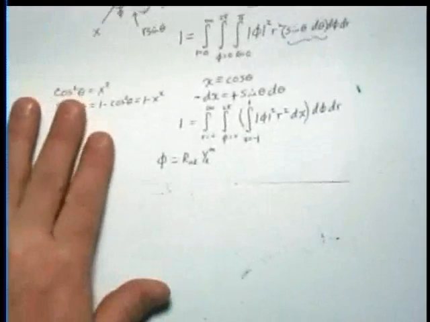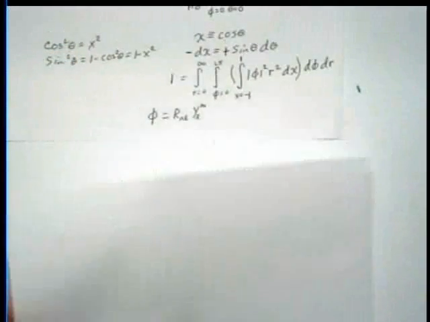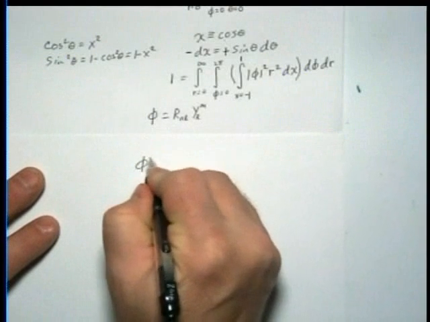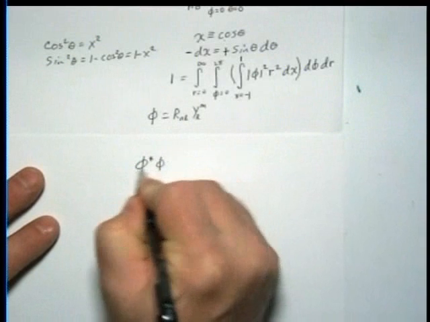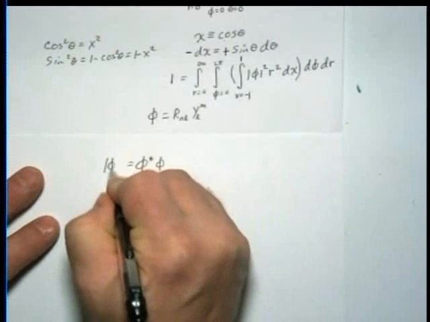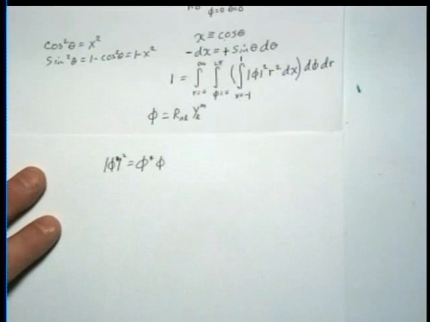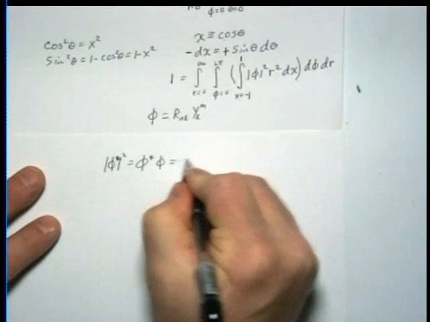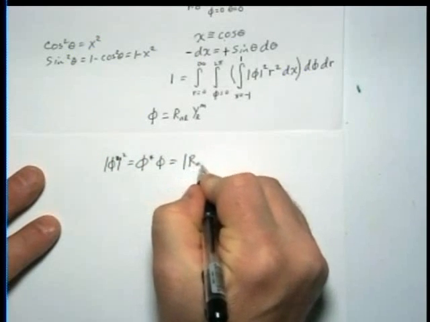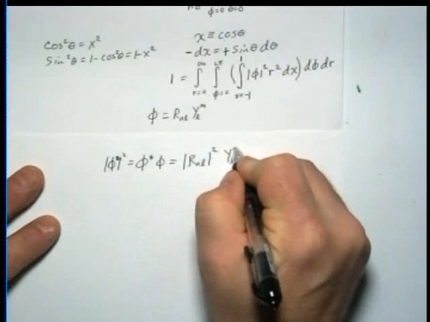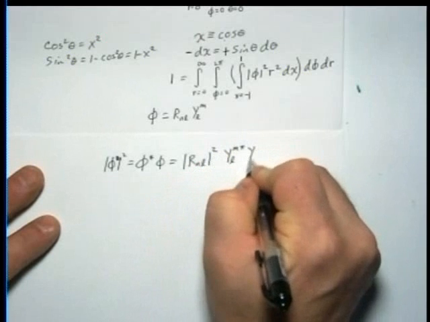Now, if I do that, here's what I get. Phi star times phi. That's the square of phi that I'm always looking for. So this is going to give me this. And it's going to give me this.